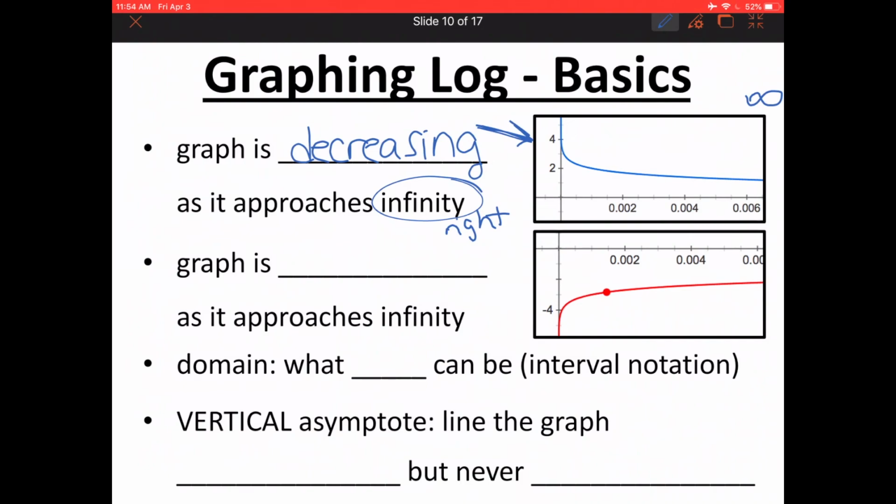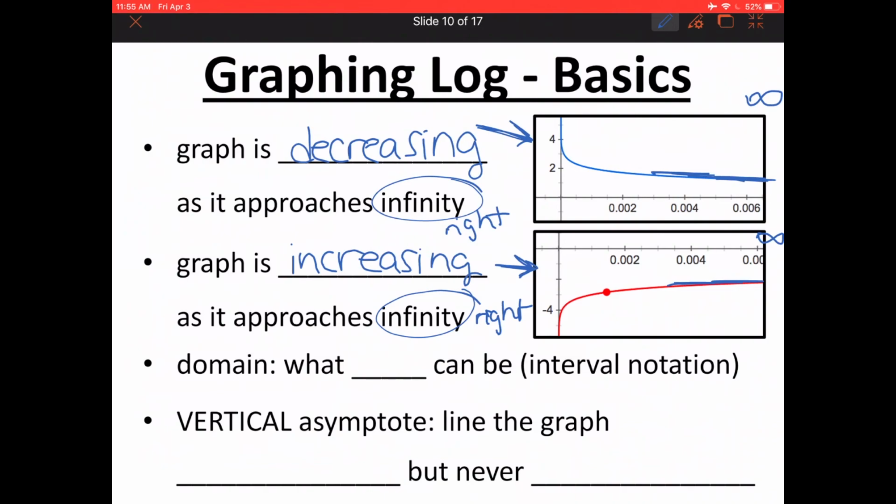So as this graph is going right, it is decreasing. We see it trending down. This second graph that we gave you is actually increasing as it approaches infinity. Remember, infinity just means as we go right on the x-axis. And you see here, as we're going right, this graph is trending up.